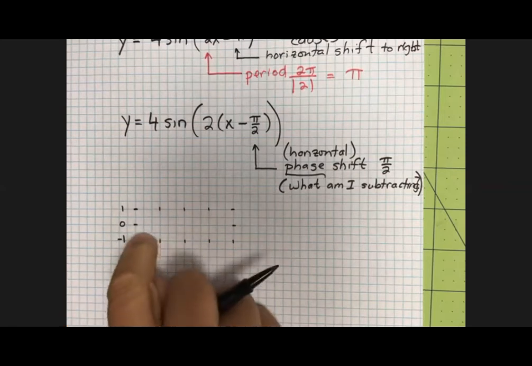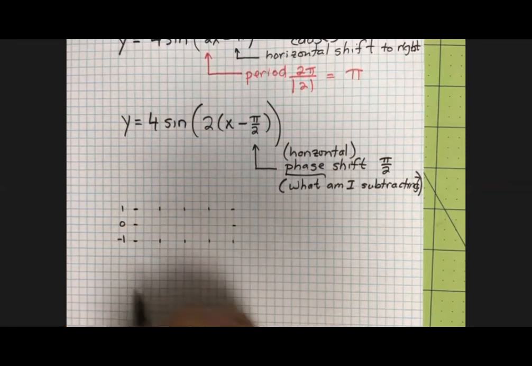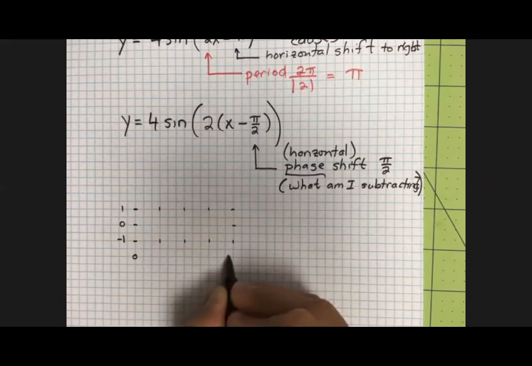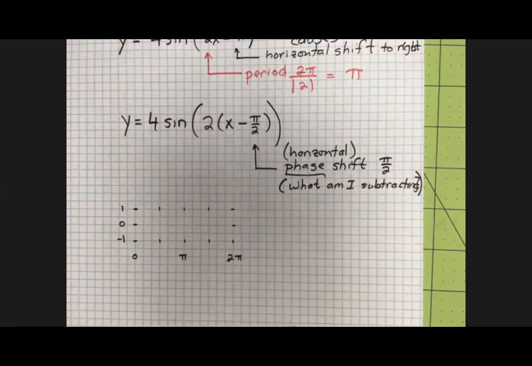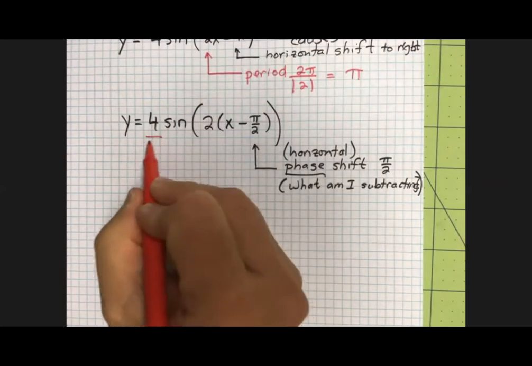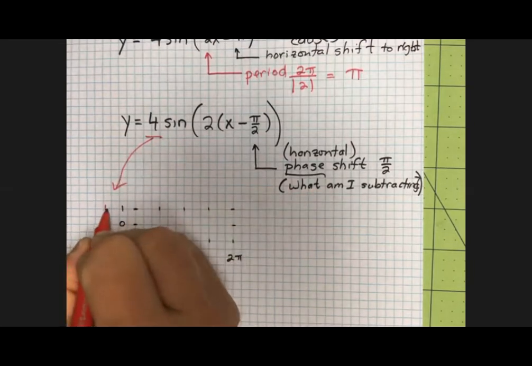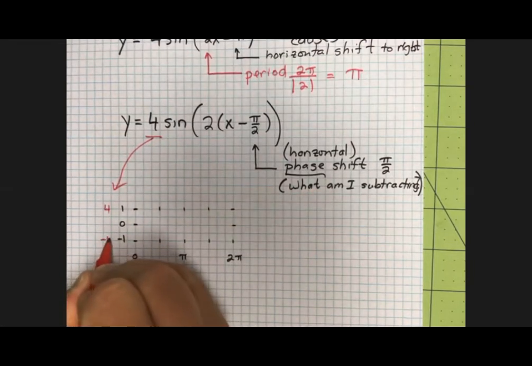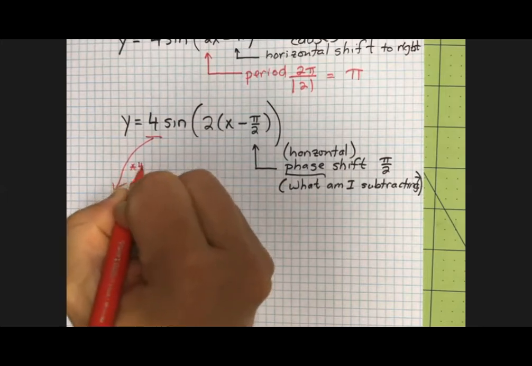Ordinarily, that gives me an amplitude of 1, deviating 1 from the center, and it gives me a period of 2 pi. But now, I'm going to make these changes. The amplitude of this graph is 4. So this is going to go as high as 4 and as low as minus 4. I just multiply every one of these numbers by 4.